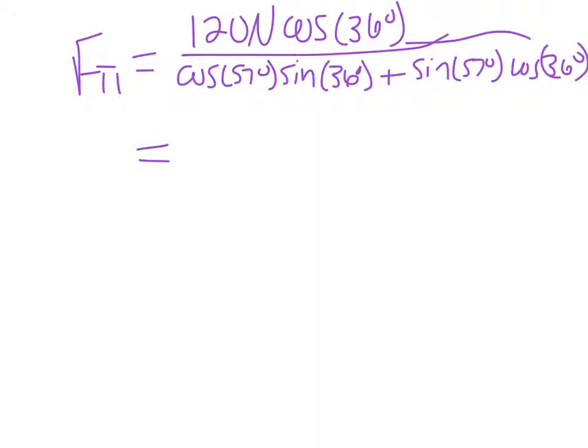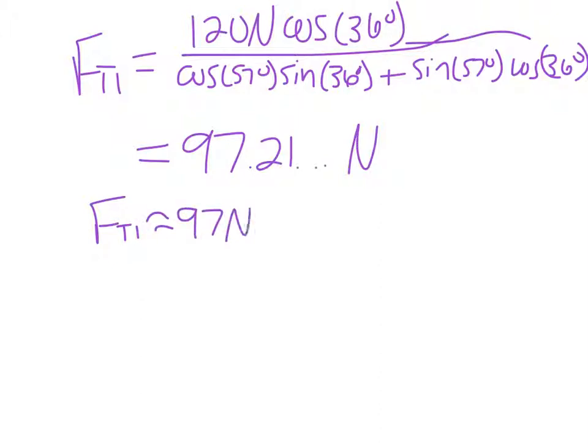We get 97.21, keeps on going, newtons. The only unit in this whole thing on the top is newtons, so that was an easy one for units. Again, don't trust my math and believe everything I'm telling you. If this does work out this way, try it for yourself in your calculator. So with 2 sig figs, Ft1 would be about 97 newtons.